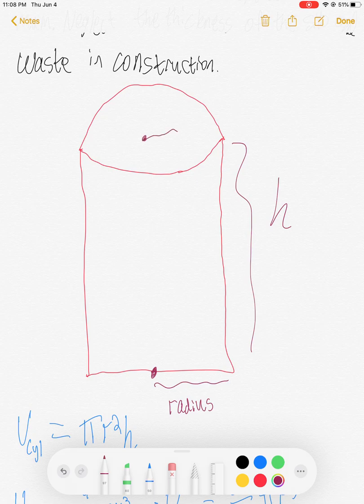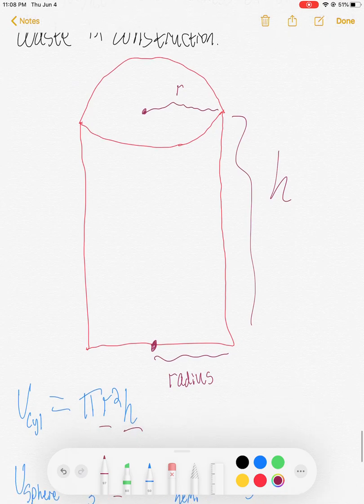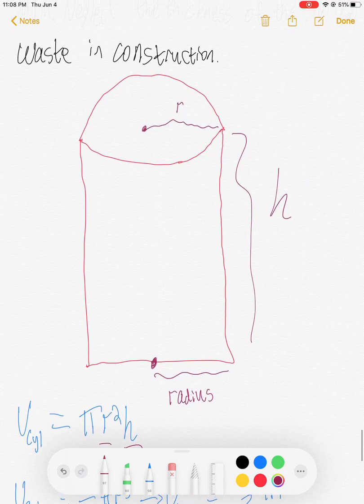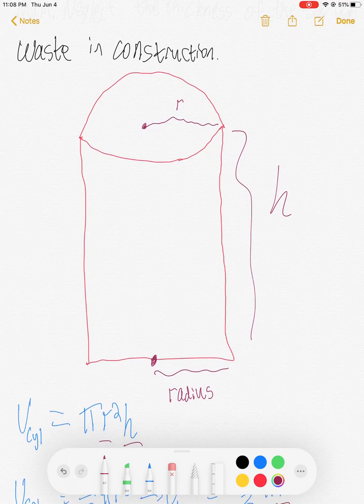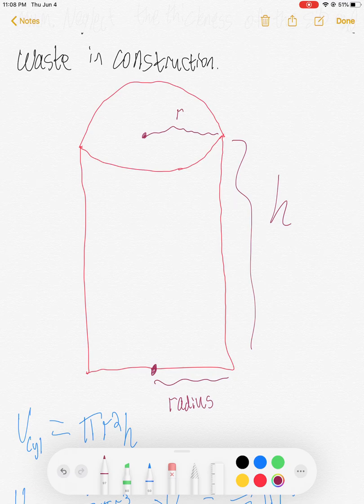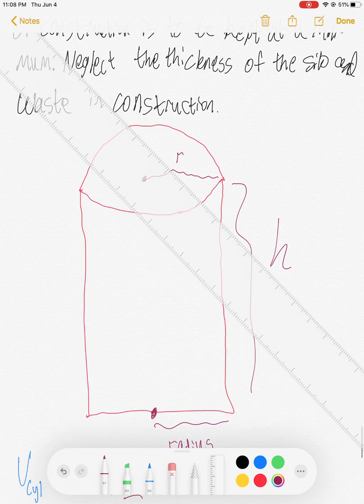And r actually takes on kind of a double meaning here. So r is the radius of the base of our cylinder. It's this length here, half the length of the base. But in this case, it's also the radius of the sphere.